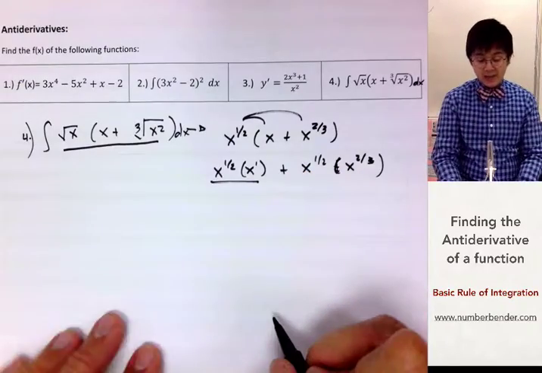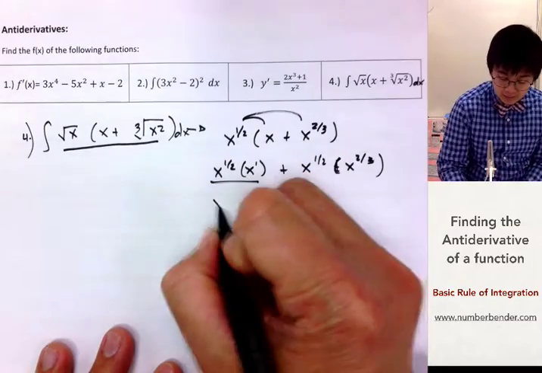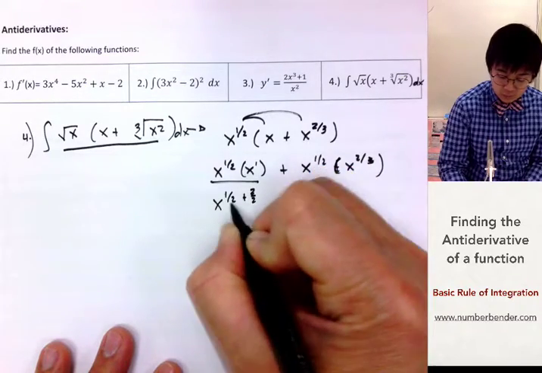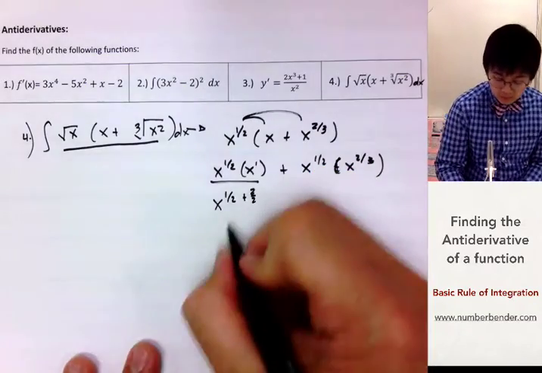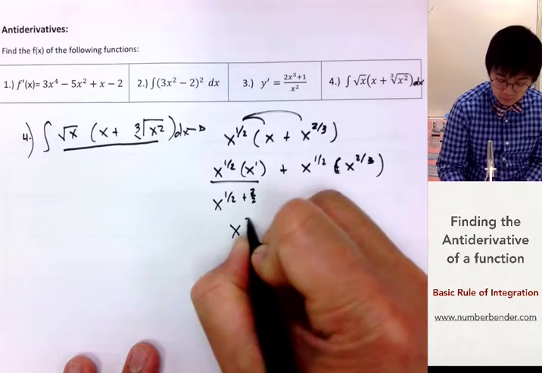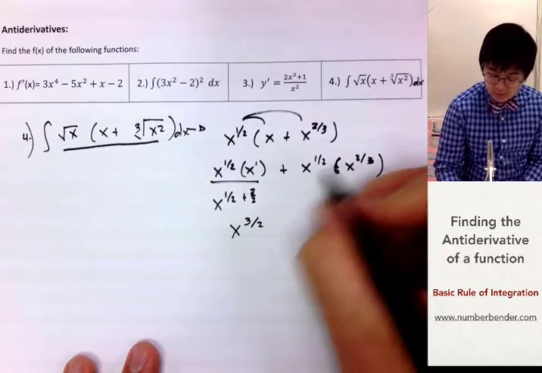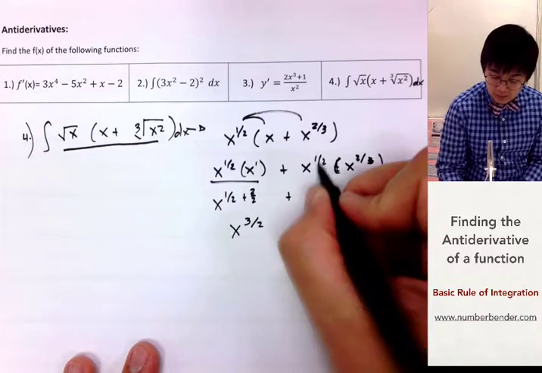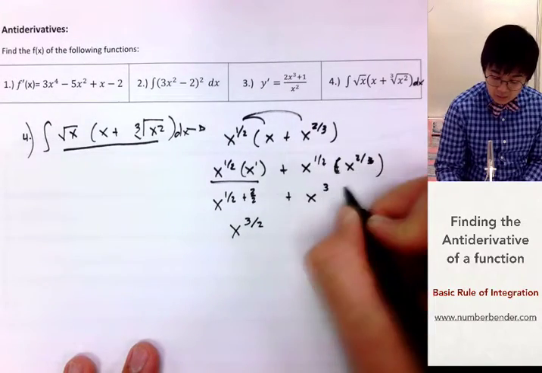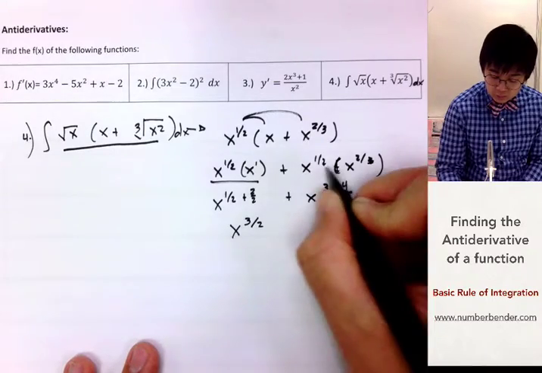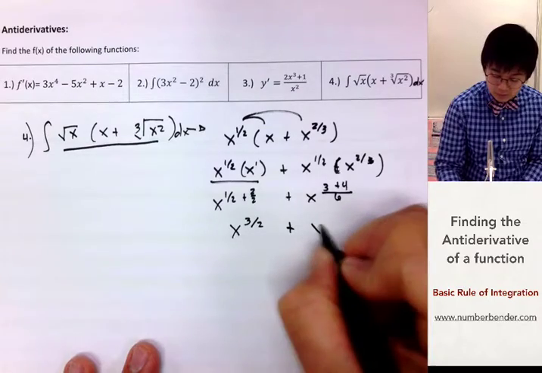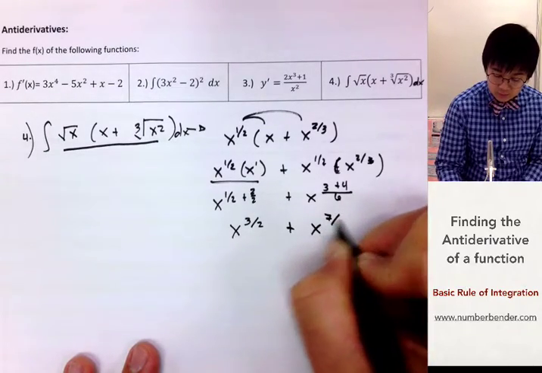By adding our exponents, x to the 1/2 plus 2 over 2, so that we have the same denominator, is simply x raised to 3 over 2. And for this one, 3 times 1 is 3 plus 4, and 2 times 3 is 6, so this one will be x raised to 7 over 6.